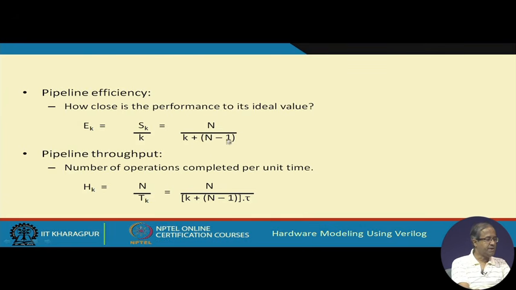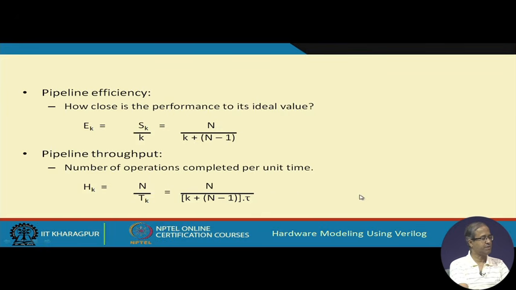But pipeline efficiency equal to 1 means you are having an ideal value of k, and pipeline throughput says how many operations are completed per unit time. You are processing n number of data items, you are taking a time Tk. So, n divided by Tk will be the number of operations per unit time.